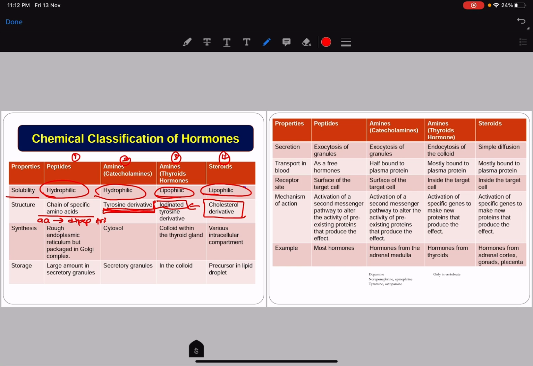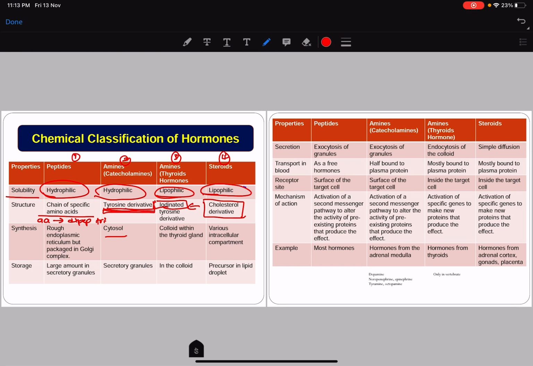Synthesis of peptide hormones. The synthesis of peptide hormones involves the rough endoplasmic reticulum. So how protein is synthesized: transcribed from the gene, transcription of mRNA, and then it goes through the endoplasmic reticulum. In the Golgi complex, these peptide hormones are packaged. For catecholamines, the synthesis is in the cytosol.